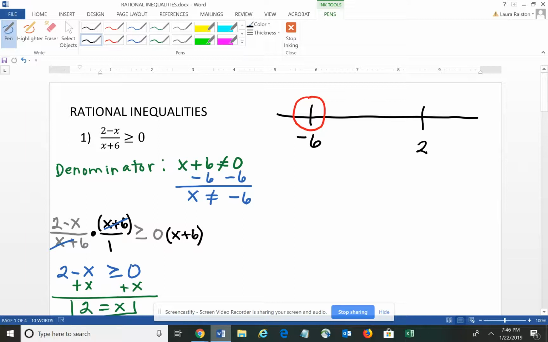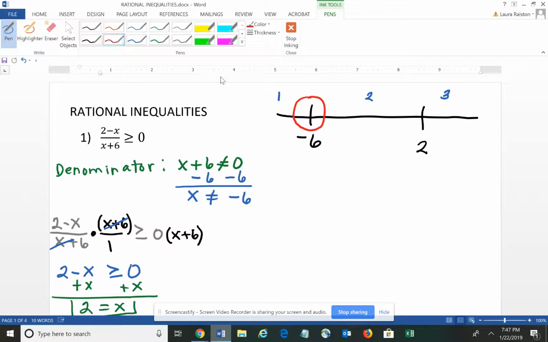And then I have to avoid negative 6 because I cannot use that in the denominator. So again, I have 3 regions: a region less than negative 6, a region between negative 6 and positive 2, and a region greater than positive 2. It's the same concept as we had before.